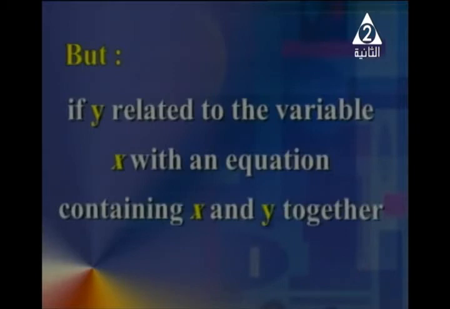But if y is related to the variable x by an equation containing x and y together, as in xy plus y minus 4 equals 0, look at xy plus y minus 4 equals 0.